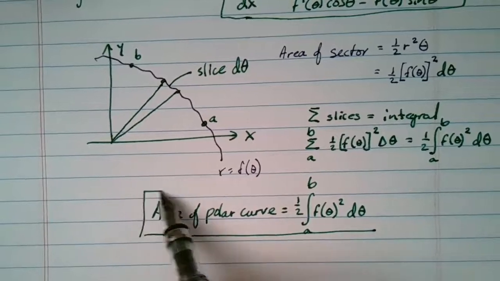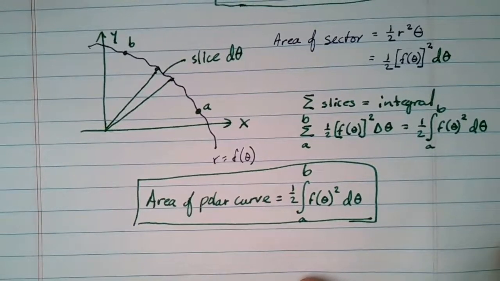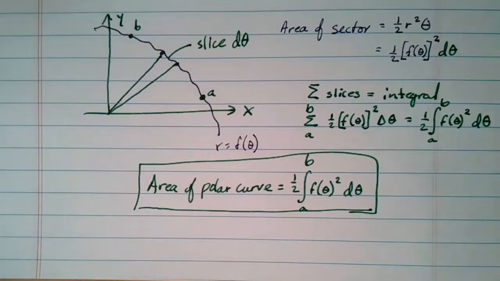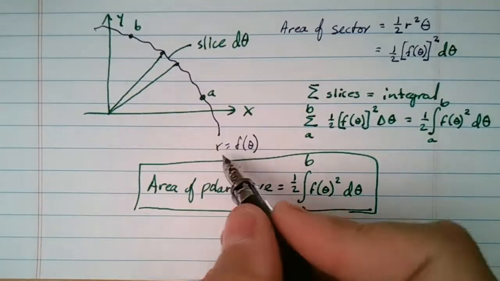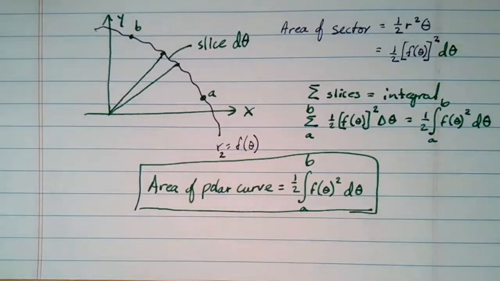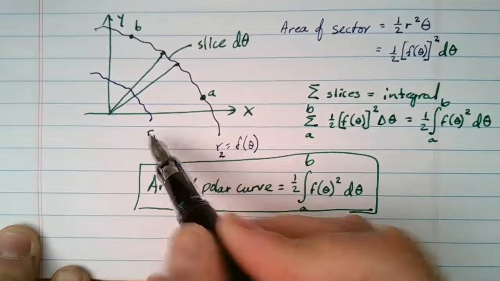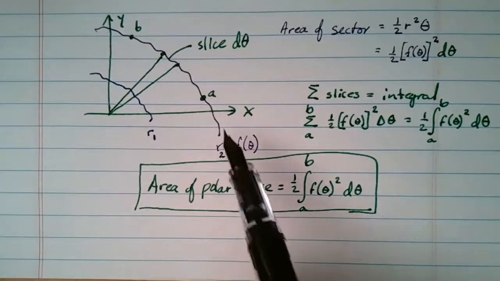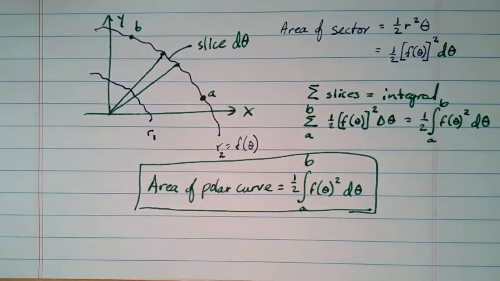Now, one more definition, and I'm going to skip a little bit on this and just show you the gist of it. I'm at the bottom of my paper here. If I come back to my drawing and I take this here as the outer radius, this is R2, and then I make some inner radius R1. If we remember from earlier in Calculus 2, big R minus little r would give us the area, remember, disk versus washer method.